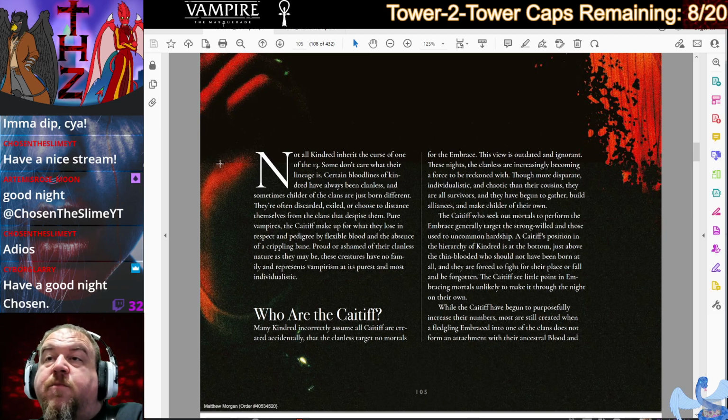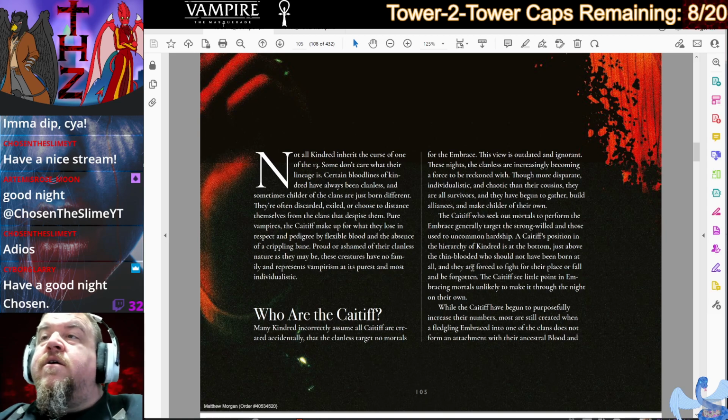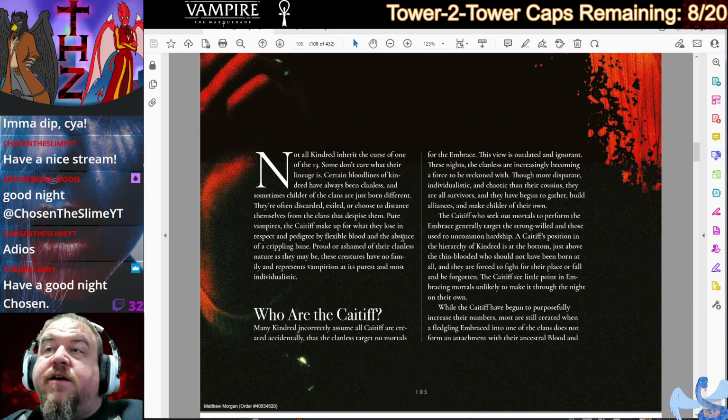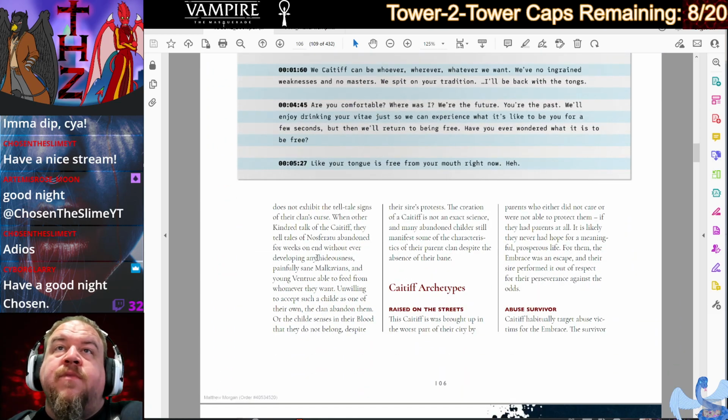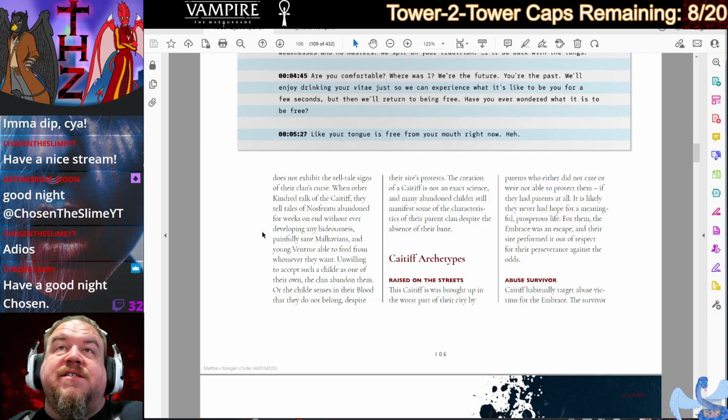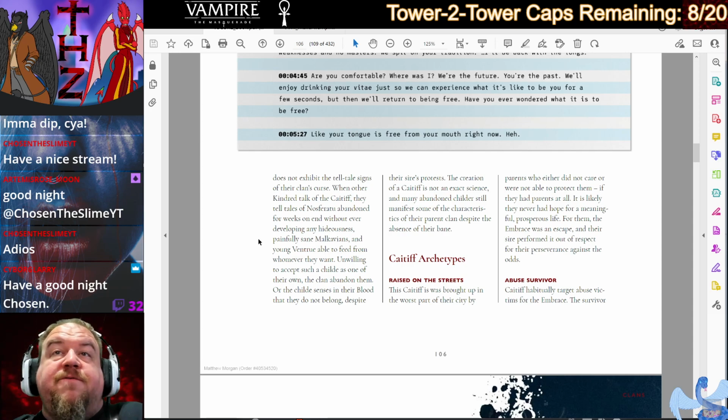The caitiff see little point in embracing mortals unlikely to make it through the night on their own. While the caitiff have begun to purposefully increase their numbers, most are still created when a fledgling embraced into one of the clans does not form an attachment with their ancestral blood and does not exhibit the telltale signs of their clan's curse. When other kindred talk of the caitiff, they tell tales of Nosferatu abandoned for weeks on end without ever developing any hideousness, painfully sane Malkavians and young Ventrue able to feed from whomever they want.